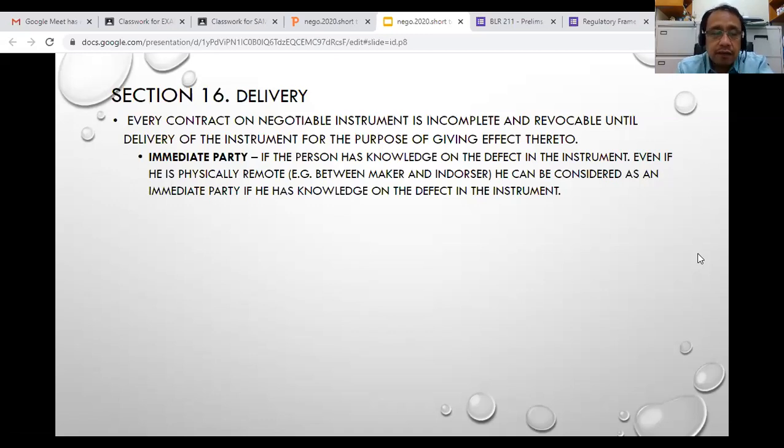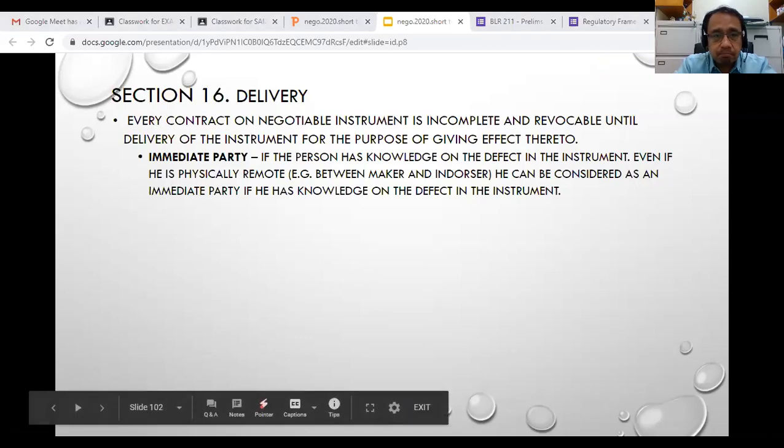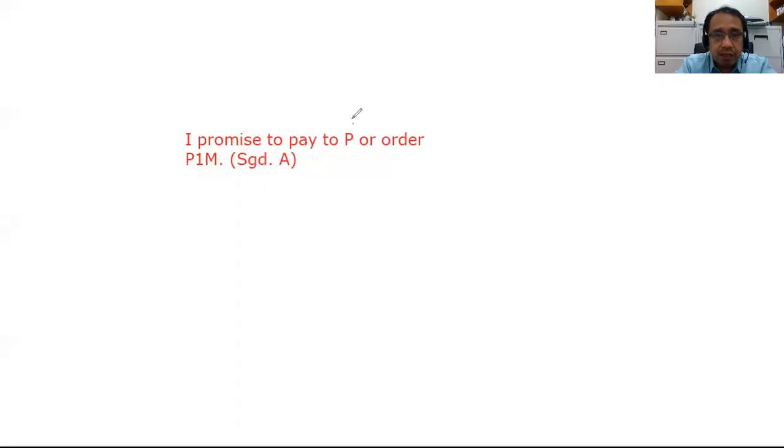Take note, this presumption of delivery in Section 16, however, is applicable only if the instrument is a complete instrument, mechanically complete. It does not apply if the instrument is mechanically incomplete. So take for example the situation where, say, the payee is omitted. There is no P. Okay?